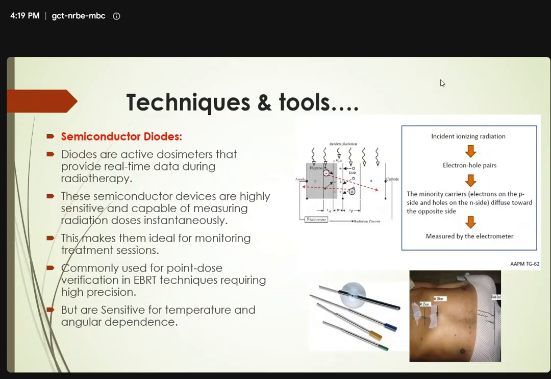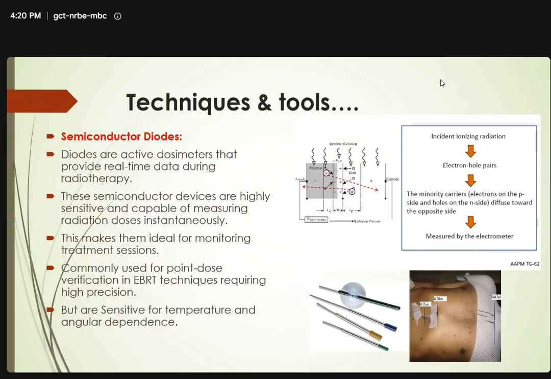These semiconductor devices are highly sensitive and capable of measuring radiation doses instantaneously. And this makes them ideal for monitoring treatment sessions.